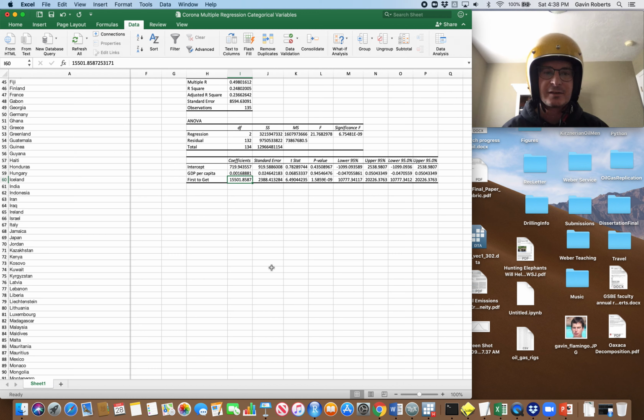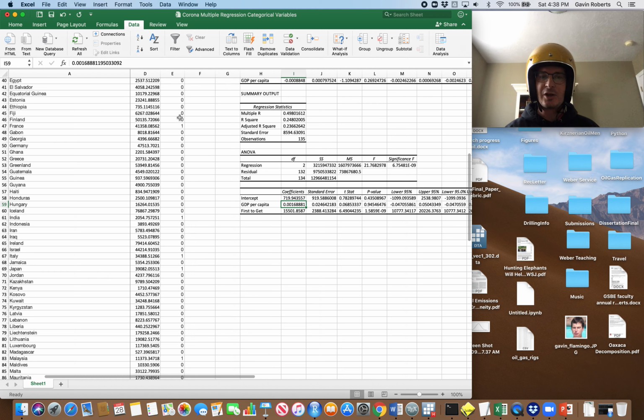But now let's look at this first to get variable. This is kind of interesting because I would say when first to get increases by 1, coronavirus cases increase by an average of 15,500 in a country, on average in my data set, holding GDP constant. But that's kind of weird to interpret it that way because notice when I say increases by 1, there's only two values for that variable, 0 and 1.